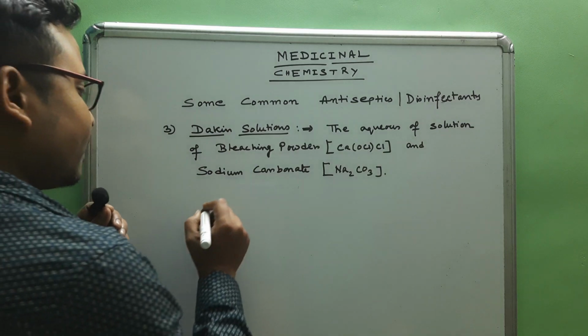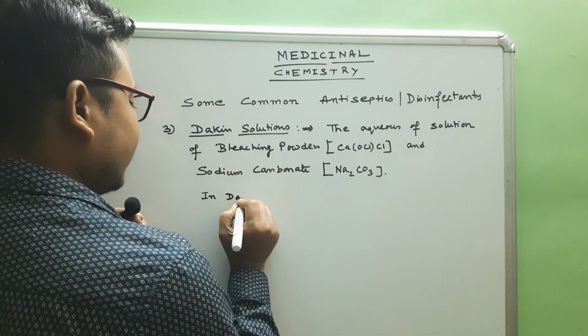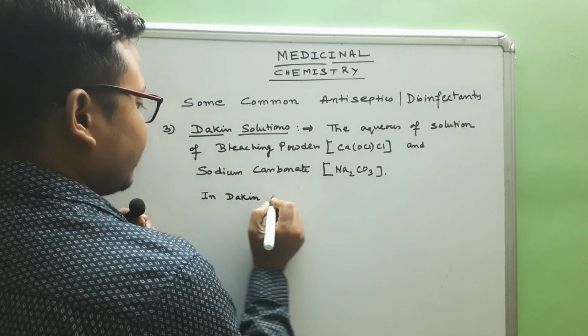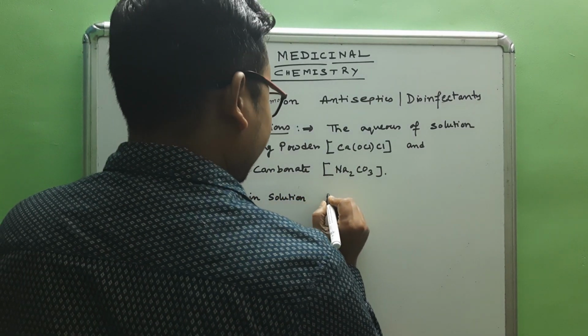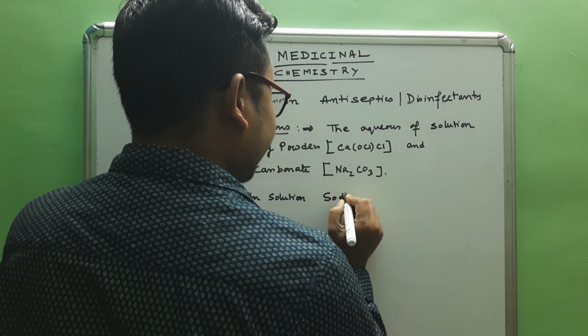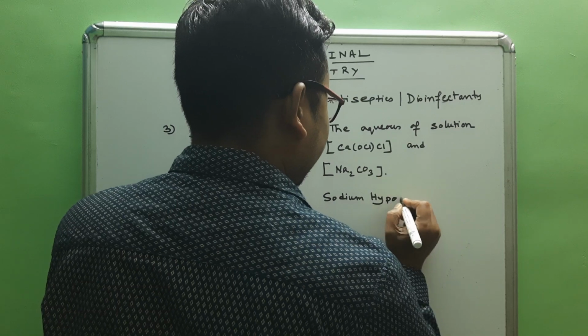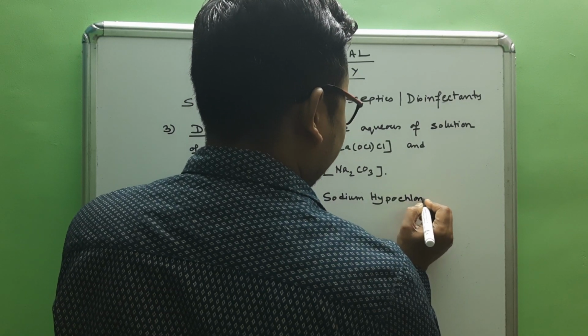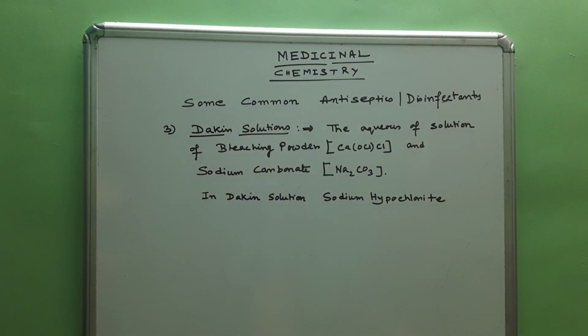So in Dakin solution, basically sodium hypochlorite is formed.